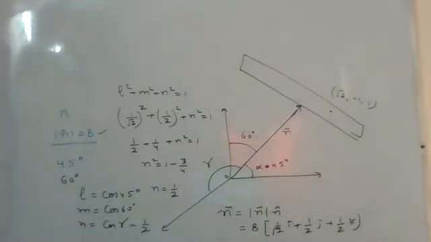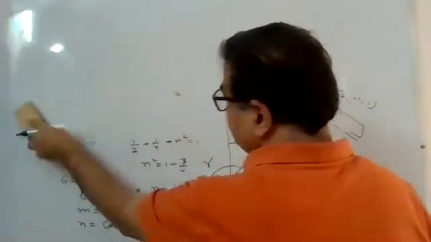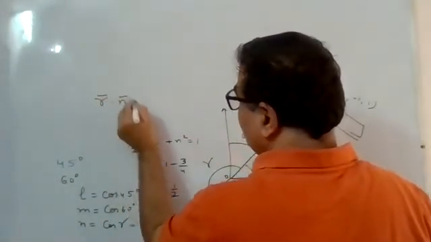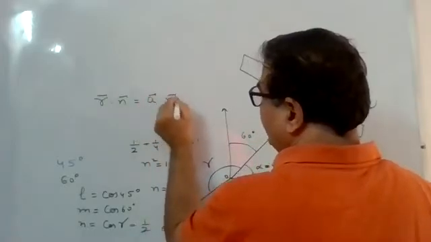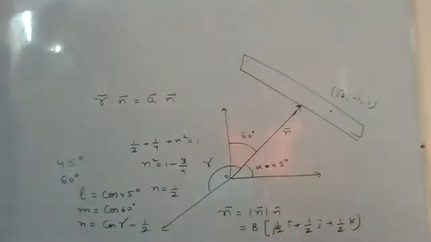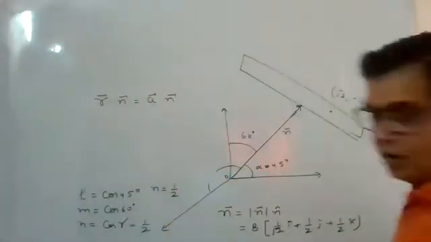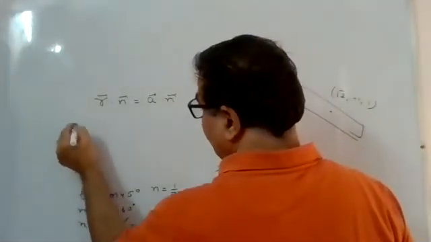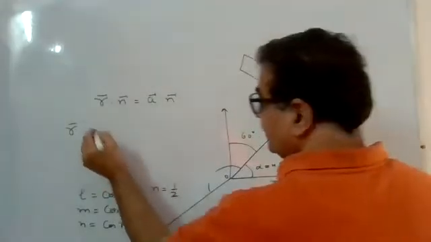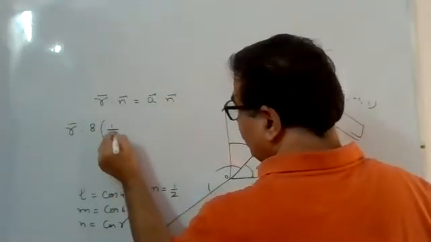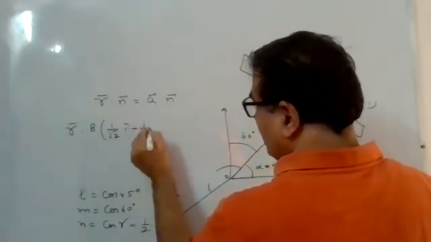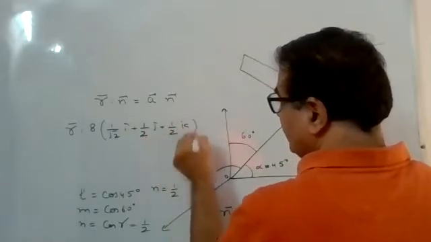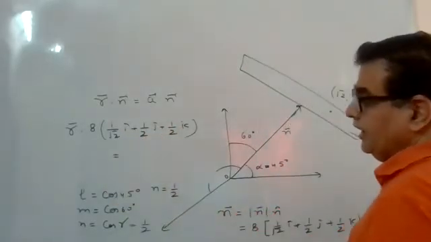So can you get the equation of the plane now? Equation of the plane will be r dot n equals a dot n. The n vector we already got, that is here. So r vector dot 8 times (1 by root 2 i cap plus 1 by 2 j cap plus 1 by 2 k cap) is equal to a dot n.